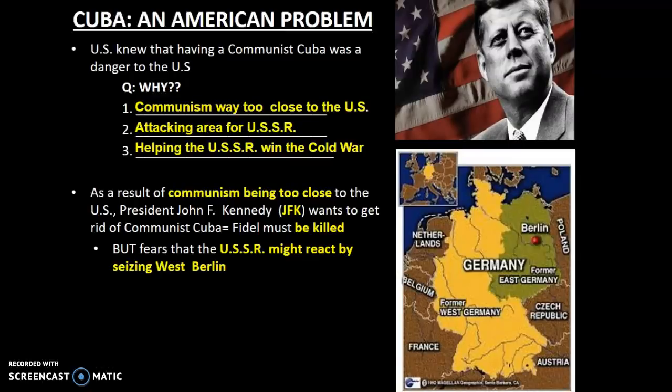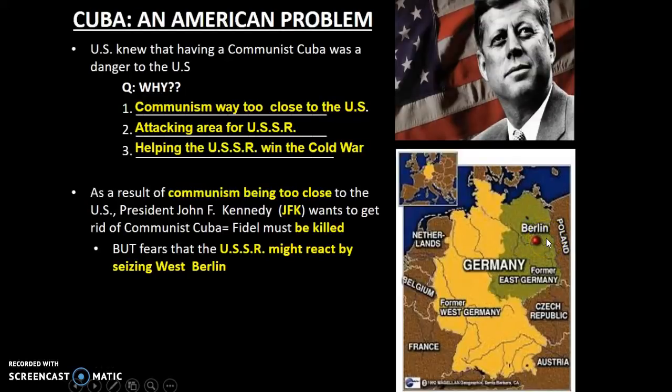But JFK knows that he has to be careful about how he gets rid of Fidel Castro, because getting rid of Fidel Castro is going to mean that the USSR will want to take revenge on the United States. And a perfect way to take revenge on the United States would be to take all of Berlin.